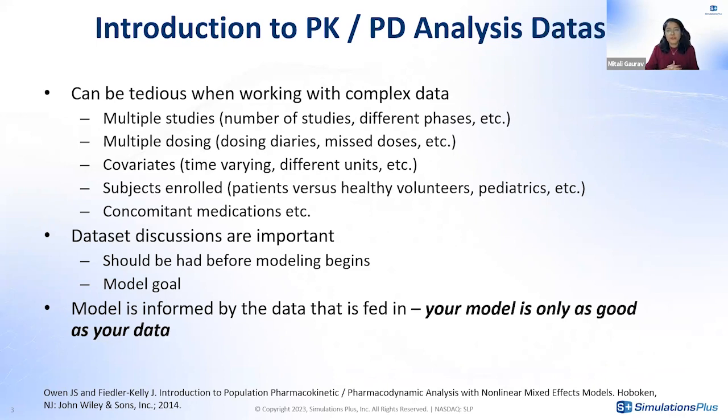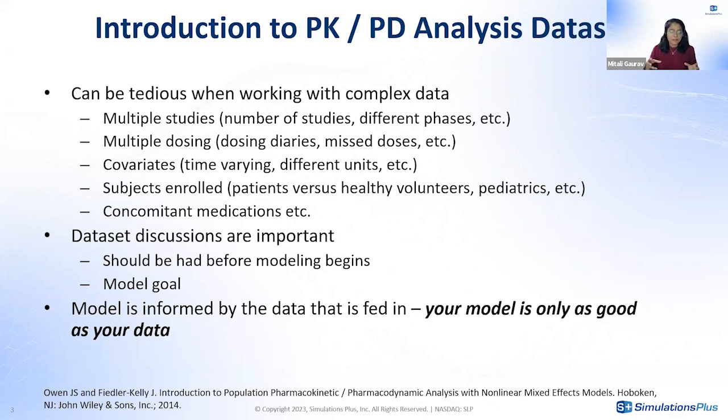The other example of complex data is covariates. Covariates can be of different types: time varying, baseline, or missed covariates. One of the most complex or messy data related to covariates can be seen if they are being captured in different units.